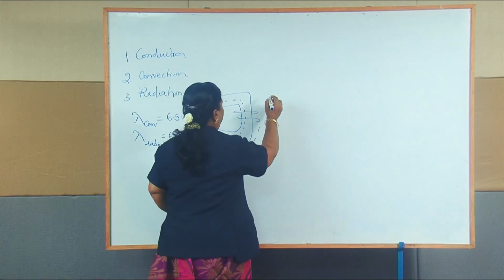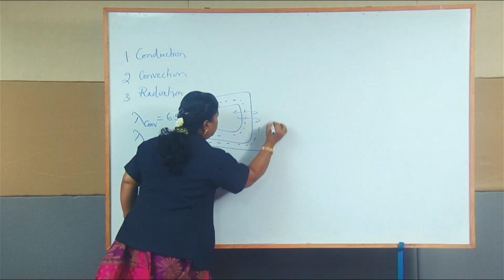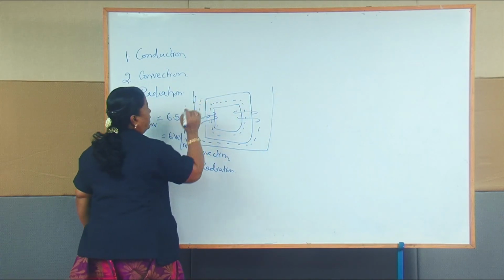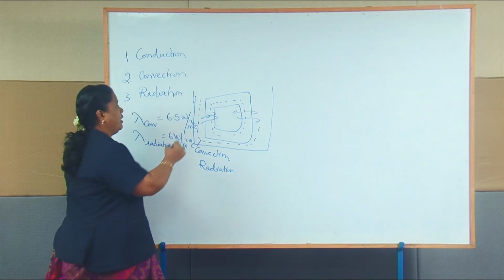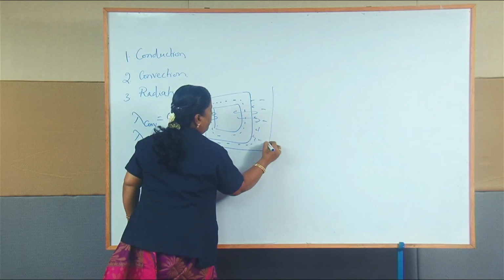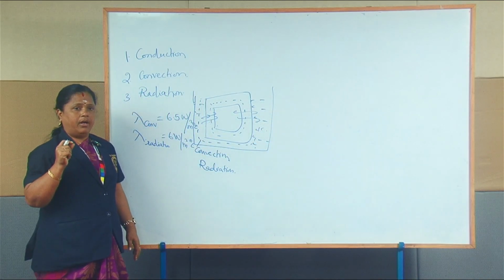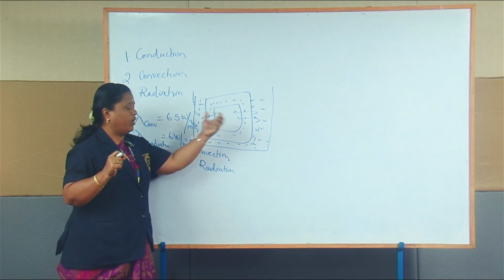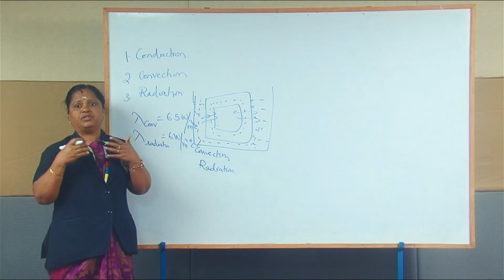Now let us see a plain wall tank. Assume this transformer is immersed in a plain wall tank which is filled with oil. As I said, by convection and radiation the heat dissipation is more.